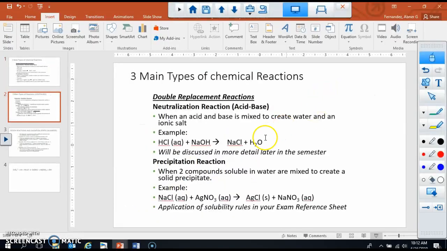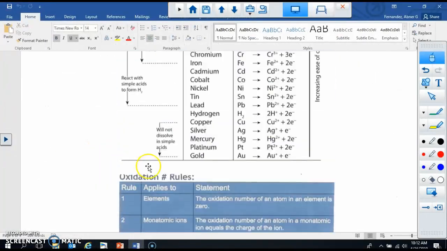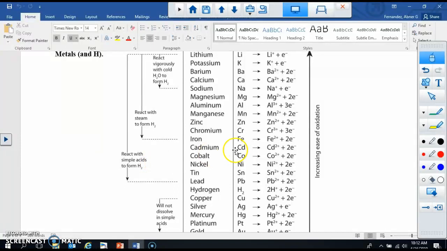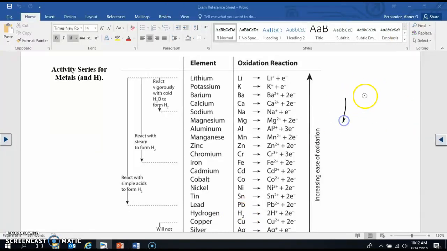Okay, and the activity series, I'm going to go back to the exam reference sheet, folks. Okay, is actually here. If the single atom is higher than the atom that is, in this case, married to the negative ion, if you look at it, here's lithium, here's hydrogen. In the previous example, right, hydrochloric acid, HCl, it was like this, right?